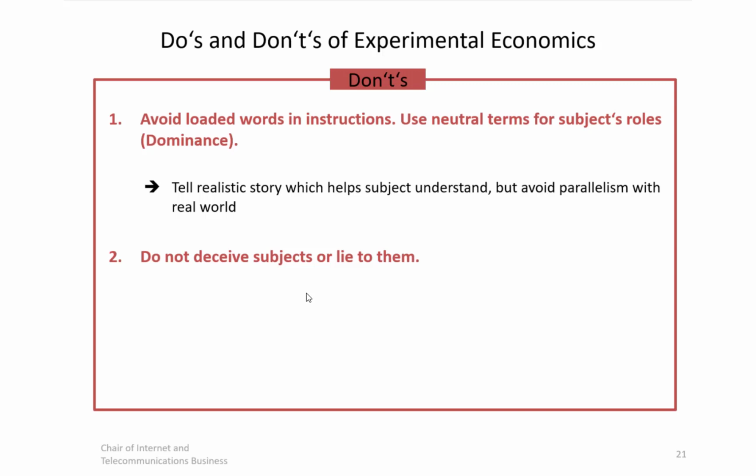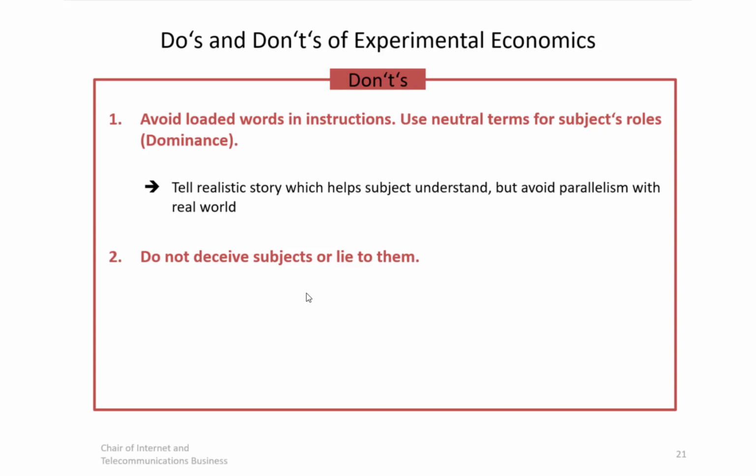Some don'ts. First, avoid very complicated words or big instructions, because this will confuse the participants. Try to use neutral terms for subjects' roles, and tell a realistic story which helps subjects understand, but avoid parallelism with the real world.